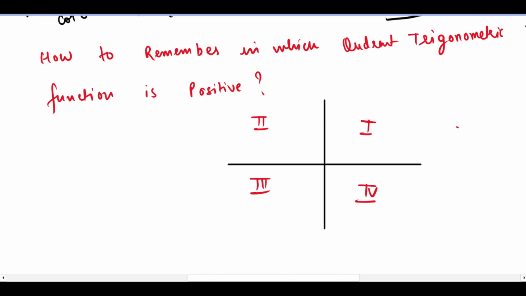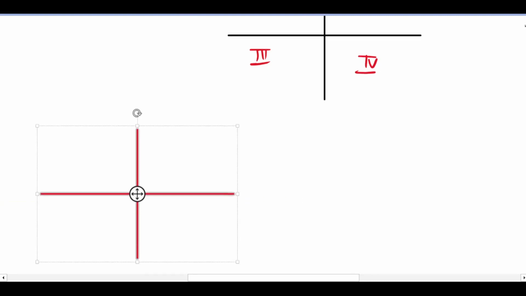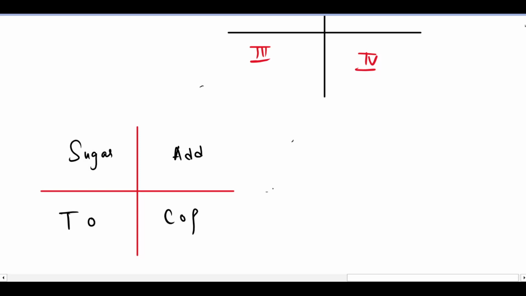So we can remember like this. Suppose we have a quadrant like this, and we write: add sugar to coffee.